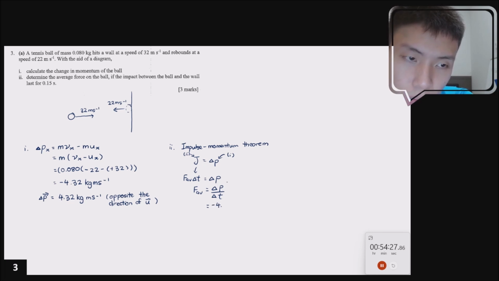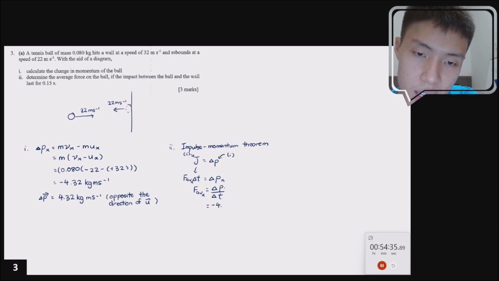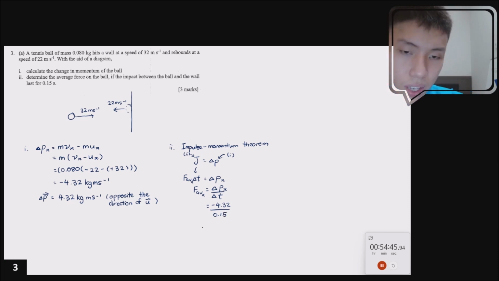If you're being very careful about the component, you can write it as F_avg,x equals delta p_x. Negative 4.32 divided by 0.15, you get negative 28.8 Newton.